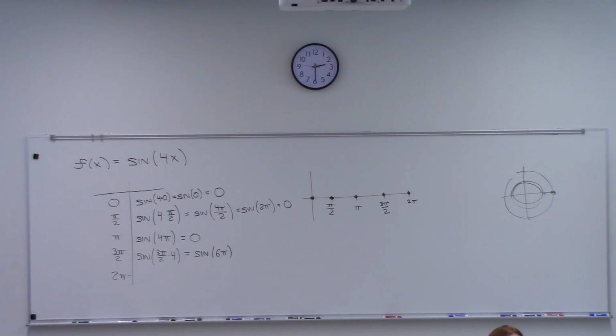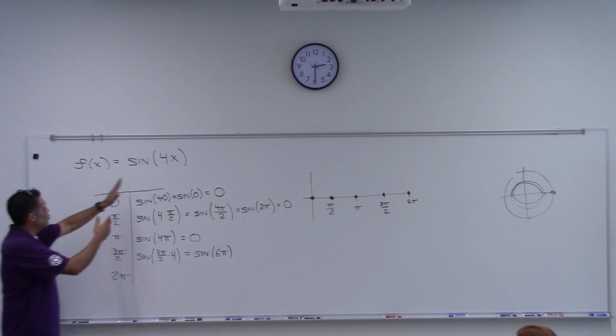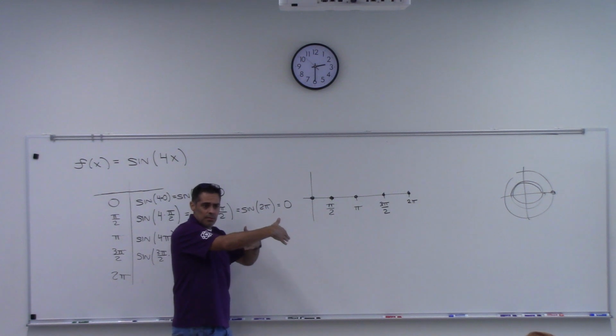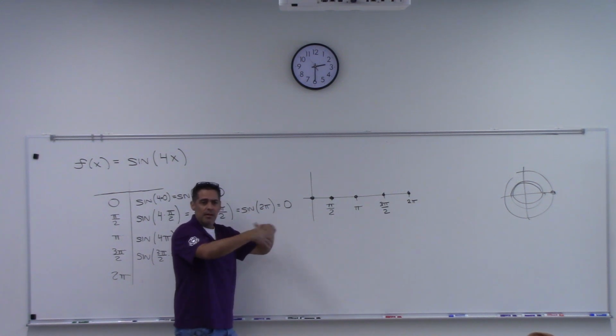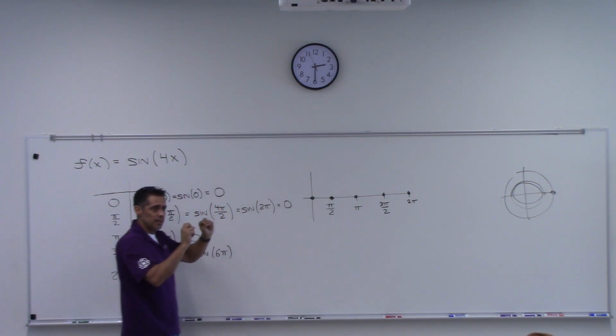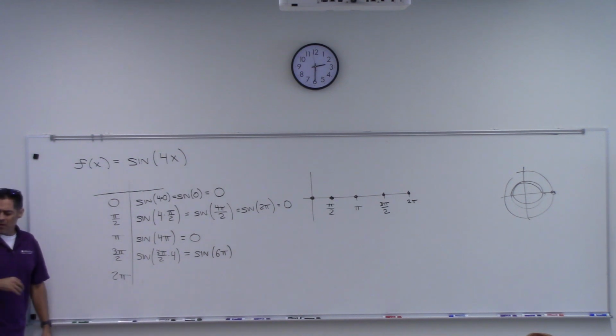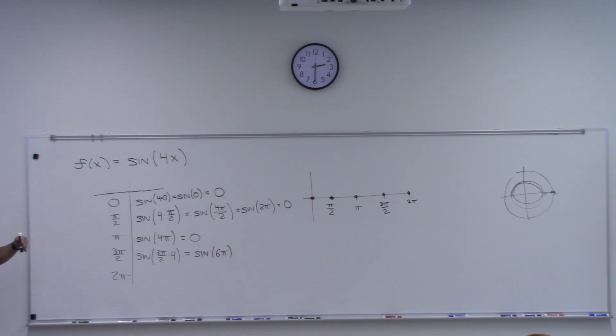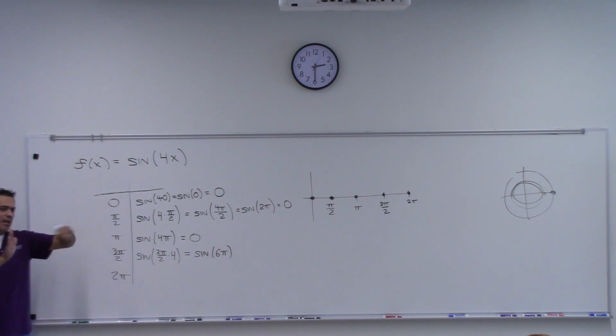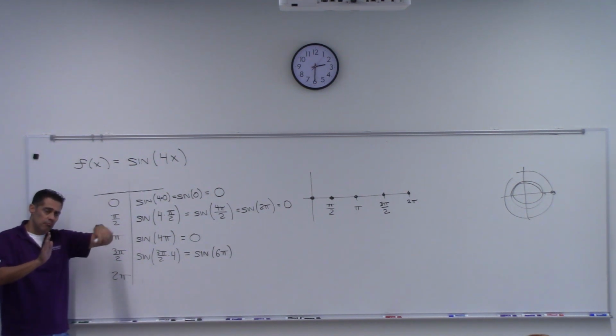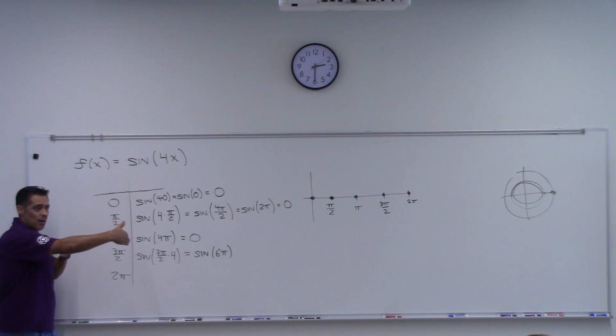So somehow, the number in front of the x is controlling the cycle. How many cycles occur? And that cycle we call the period. What's the normal period for a sine function? The regular old sine function, how long does it take for it to complete 1 period? 2 pi, right?